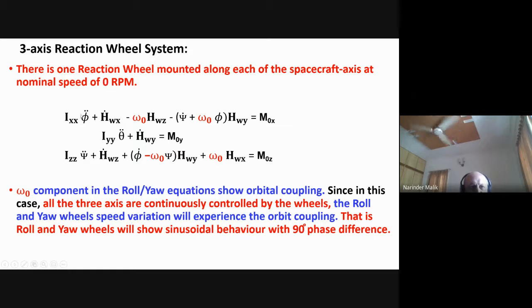The roll and yaw axes are coupled: the roll axis is coupled through the yaw wheel, and the yaw axis is coupled through the roll wheel. The same phenomenon, the concept is the same, except that whatever was happening in terms of attitude error is now happening in terms of the wheel speeds.